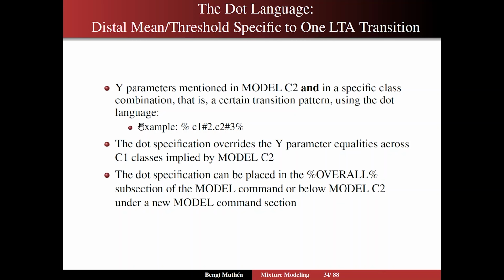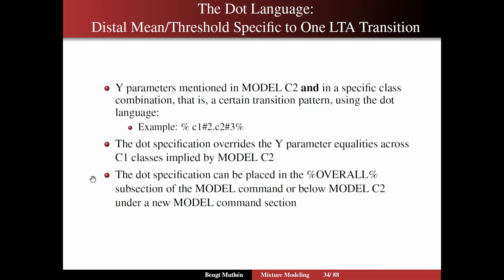So for instance here, C1 class number 2 dot C2 class number 3 can have a specific distal outcome mean or threshold, a certain transition pattern that we're interested in, to see if that has a special effect on the distal outcomes. And that dot specification overrides the Y parameter equalities across the C1 classes that was implied by specifying that they vary across model C2 classes.